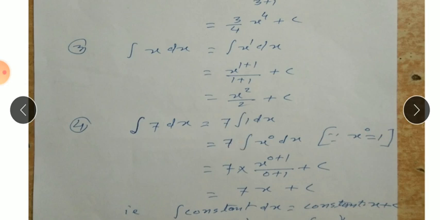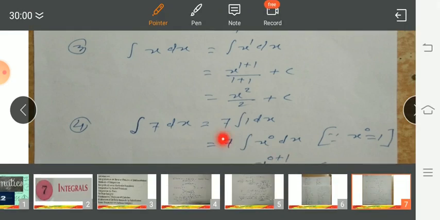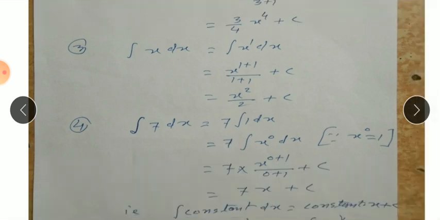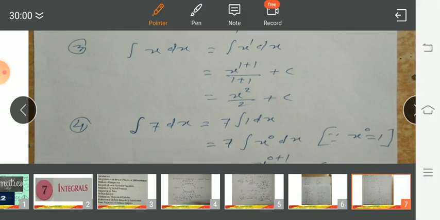So 7 integration x raised to 0 is equal to 7 into x raised to 0 plus 1 upon 0 plus 1, plus c.